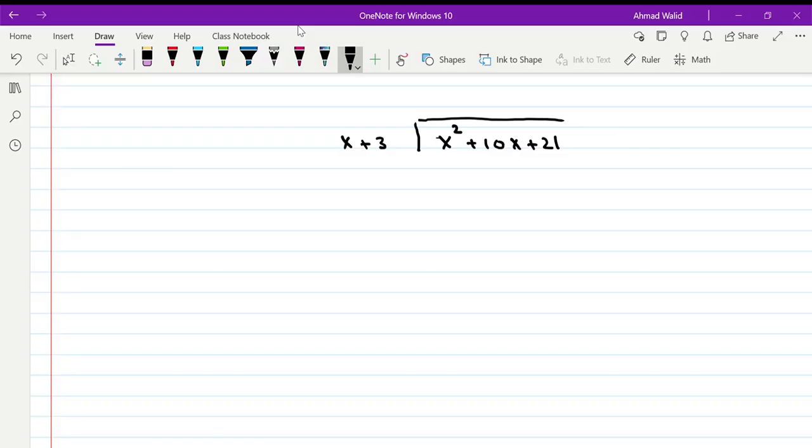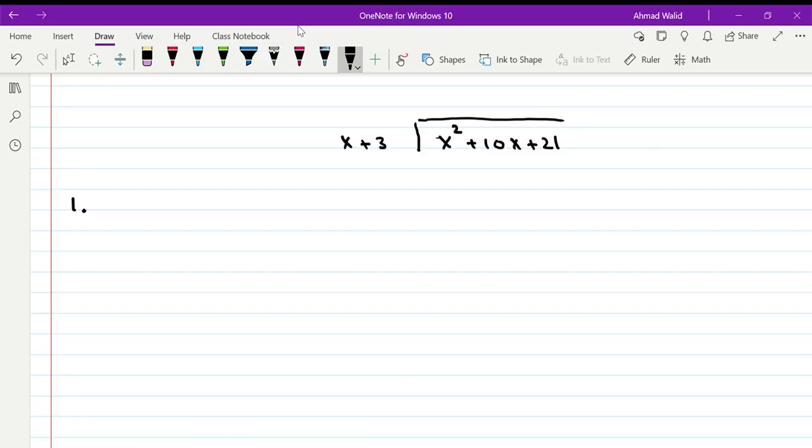Before even starting to show the process, there are a few notes that I want to put for you, or steps that you have to follow. If you don't follow those steps, you may end up with the wrong answer, correct?